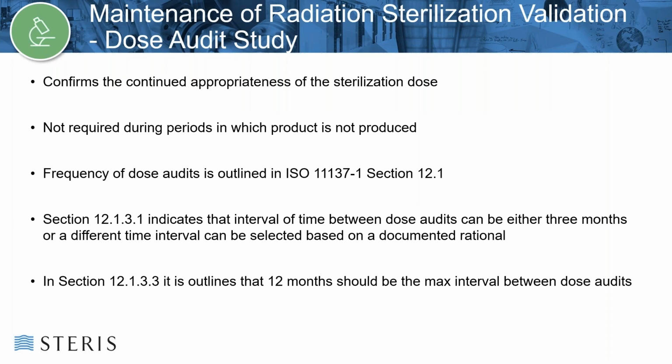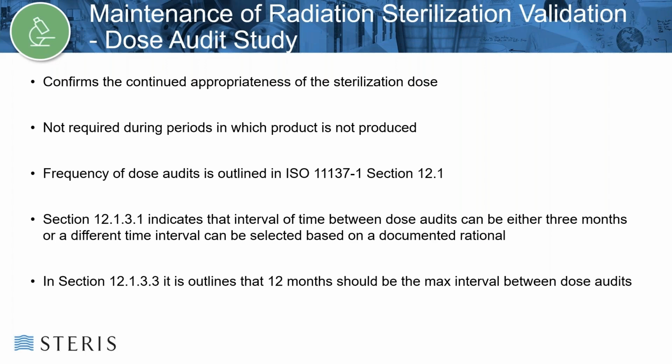Dose audits are not required during periods in which product is not produced. When infrequent production is performed, dose audits with each production batch may be appropriate. The frequency for carrying out dose audits is outlined in ISO 11137-1, section 12.1.